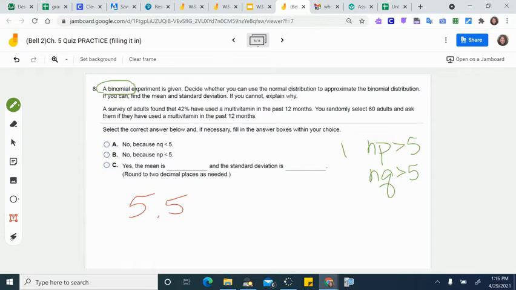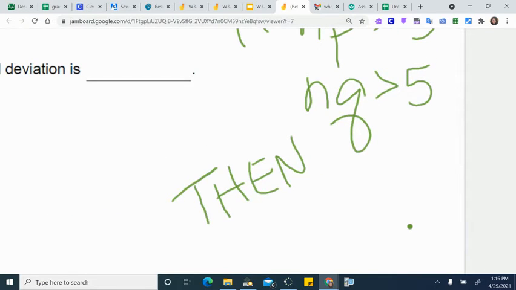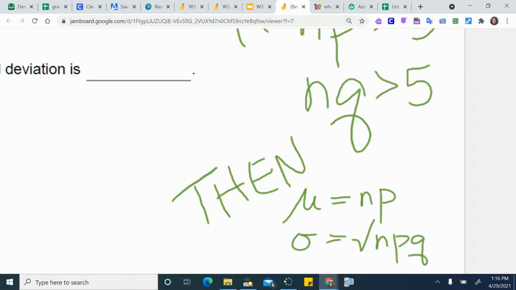If that's true, then we will know that the mean of this is approximately NP, and the standard deviation is approximately the square root of NPQ. And if you're going, what the heck? I don't remember this. Here we go.